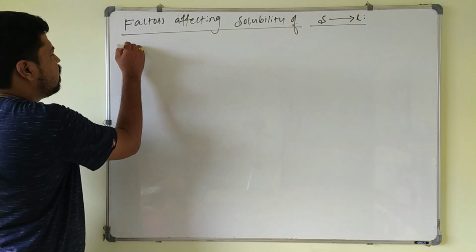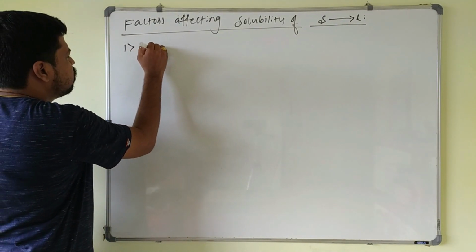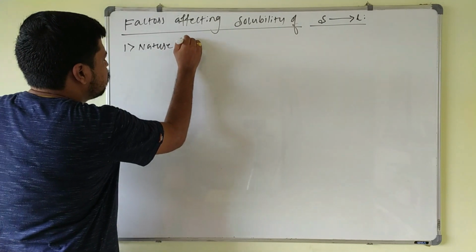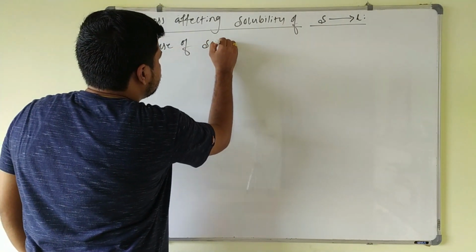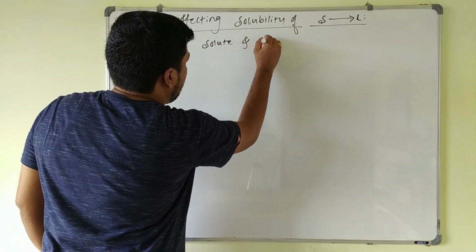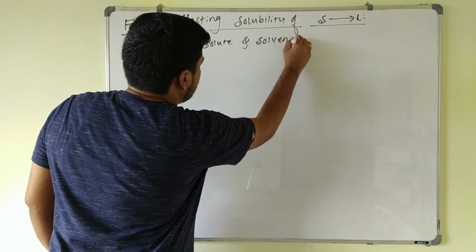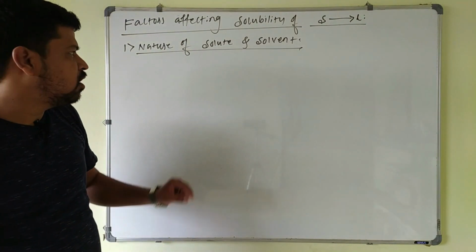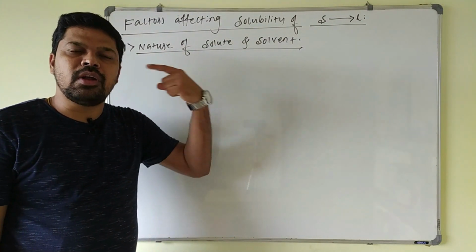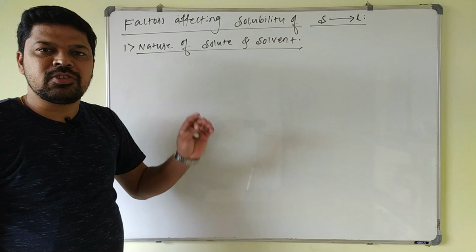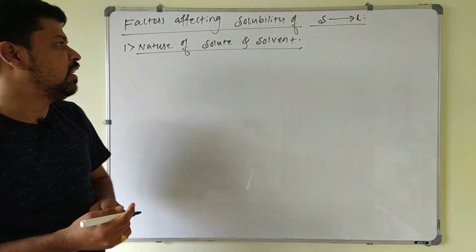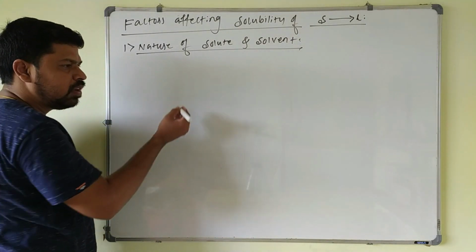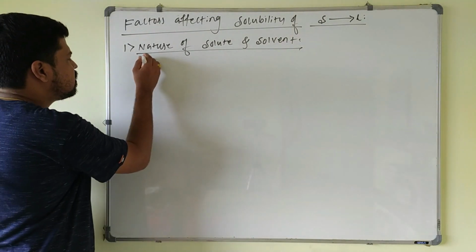First point is nature of solute and solvent. For this one always keep in mind like dissolves like, that is polar solute is soluble in the polar solvent, non-polar solute is soluble in the non-polar solvent here. That is due to the same type of intermolecular forces.